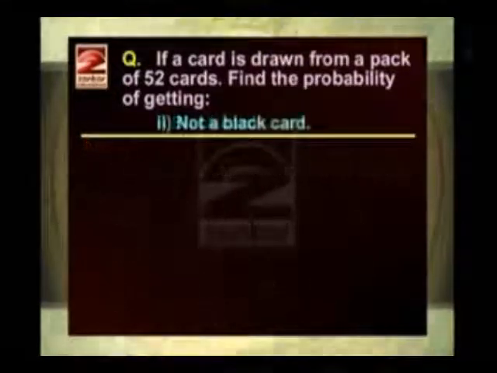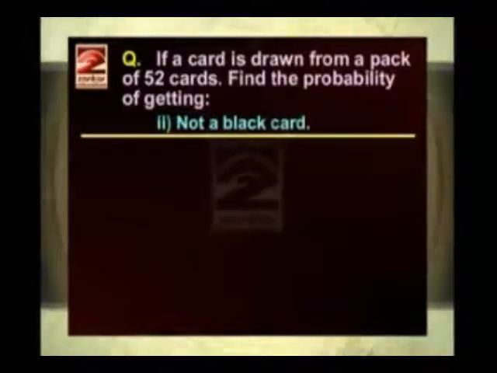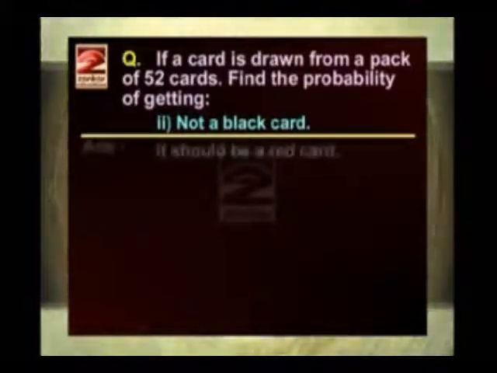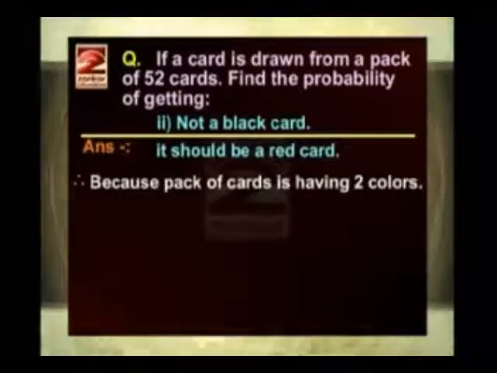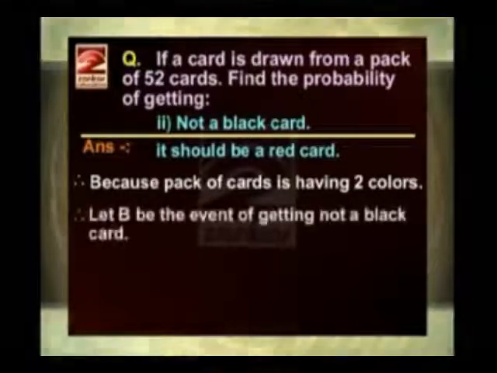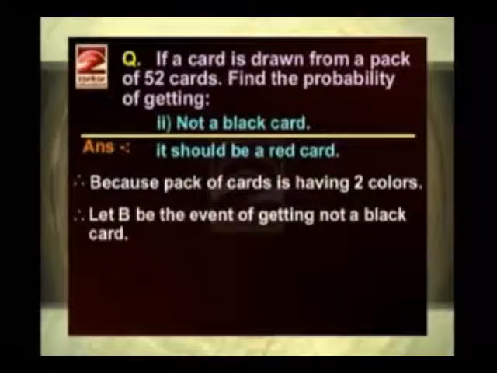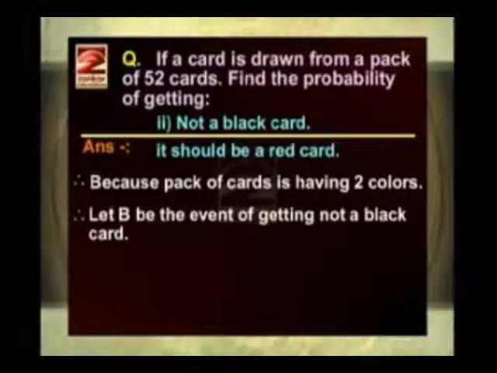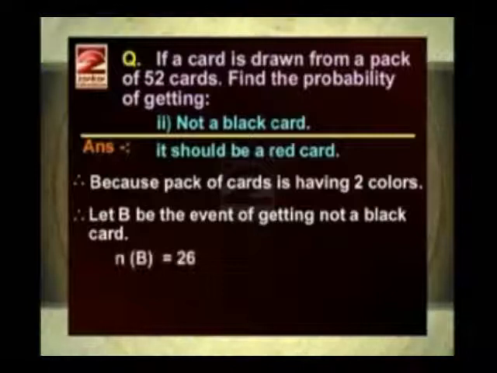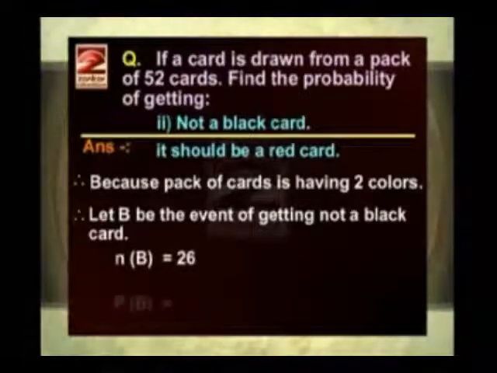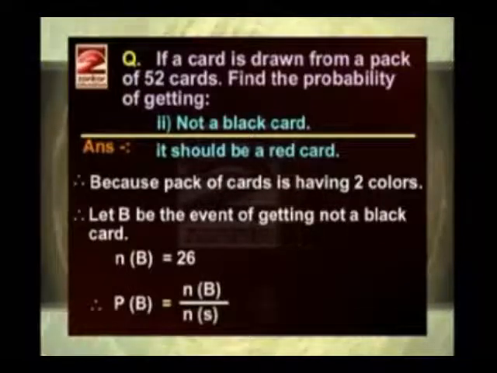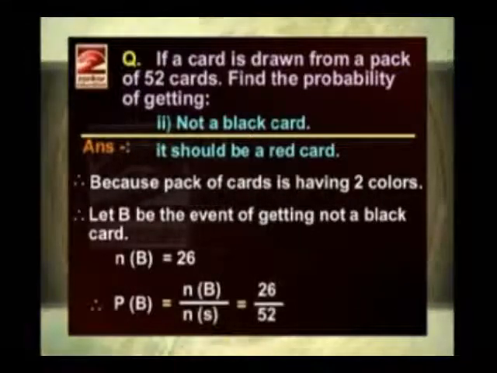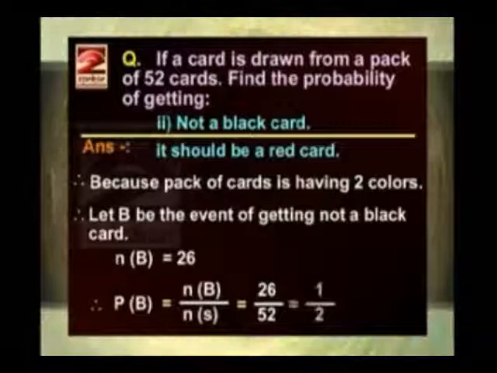Now next event, not a black card. Not a black card means it should be a red card because the pack of cards is having only 2 colors. And therefore, let B be the event of getting not a black card. Therefore, n(B) is equal to 26. Therefore, P(B) is equal to n(B) upon n(S), that is equal to 26 upon 52, that is equal to 1 upon 2.